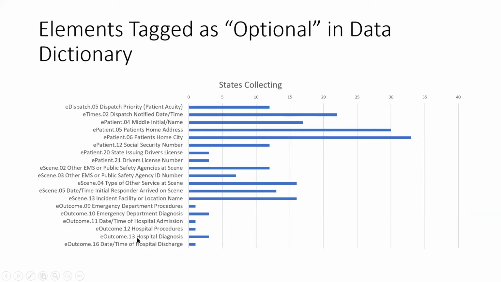And so here you can see this list. More patient demographic stuff, social security number is one you might want to pay attention to, driver's license. Again, those are for linkage of data, for the linkage to billing and other data. And you can look through the others here. You'll see several outcome elements.